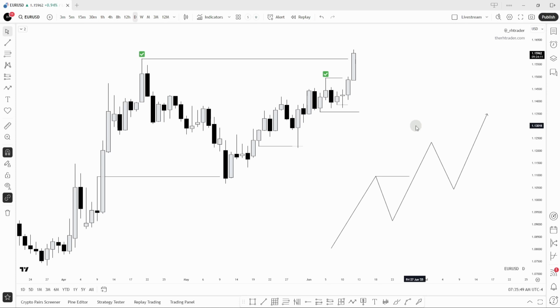Everyone focuses on the entry model rather than understanding the narrative and the context behind it. And with the right narrative and context, any entry model works. So you don't need to worry about entering on a fair value gap or entering on an order block, right?